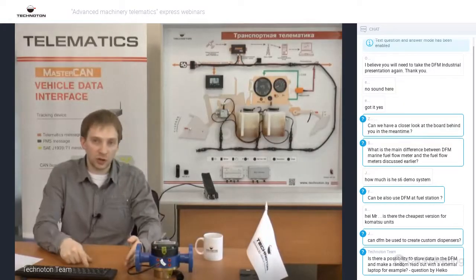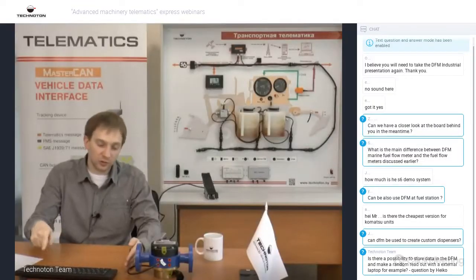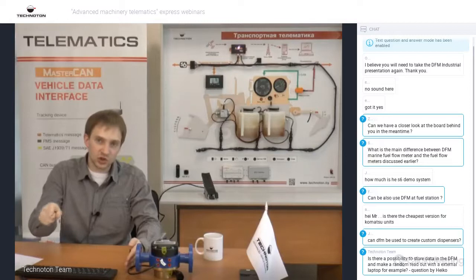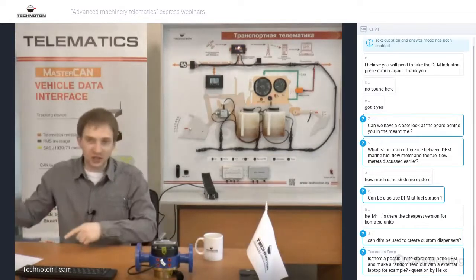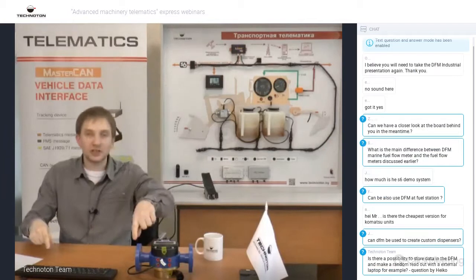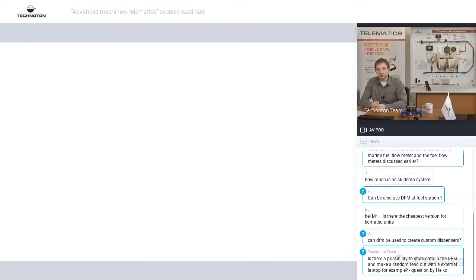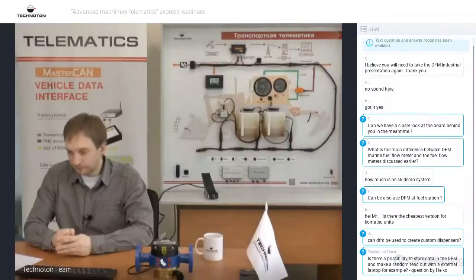There was no need to put flow meters on the return lines, because the fuel from the return lines was dropping back to the tanks before passing through the flow meters installed on the supply line. So yeah.